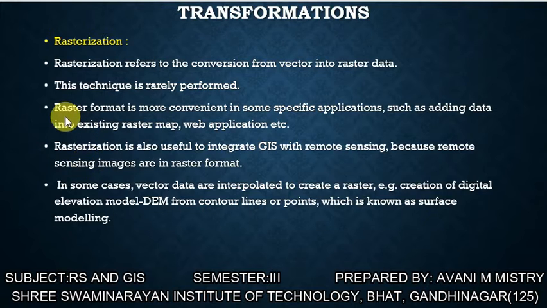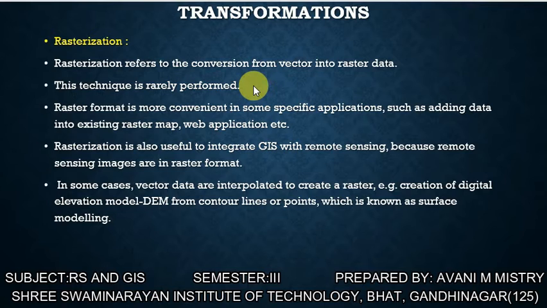Rasterization. Rasterization refers to conversion from vector into raster. This technique is readily performed. Raster format is more convenient in some specific applications such as adding data into an existing raster map, web applications, etc. Rasterization is also useful to integrate the GIS with remote sensing because remote sensing images are in raster format.